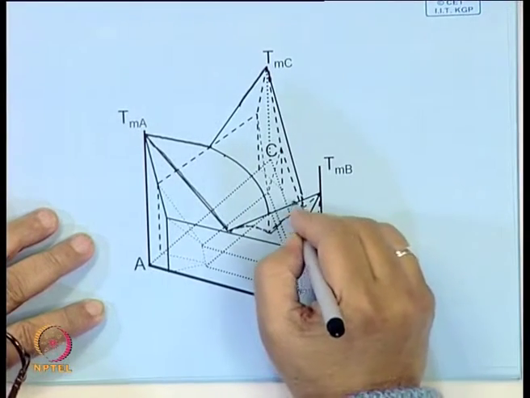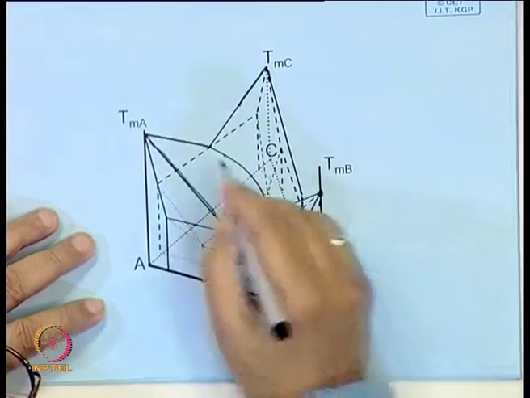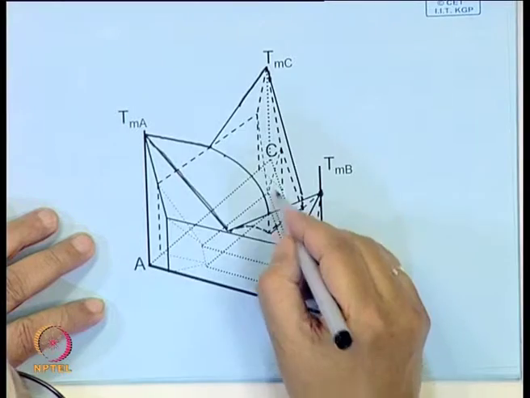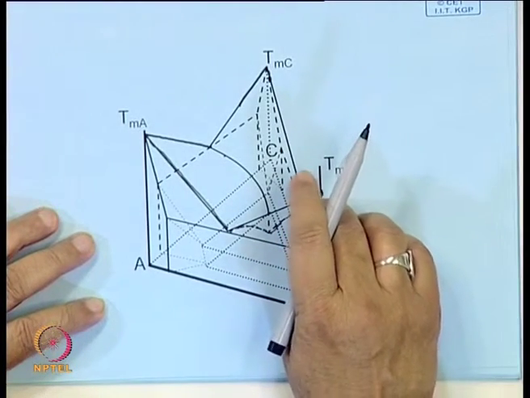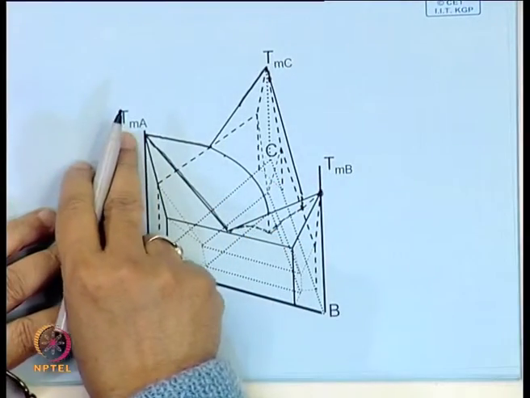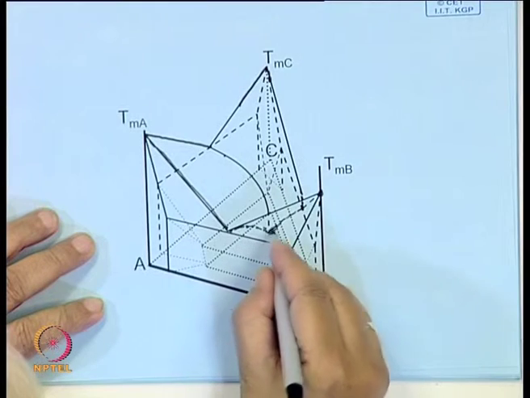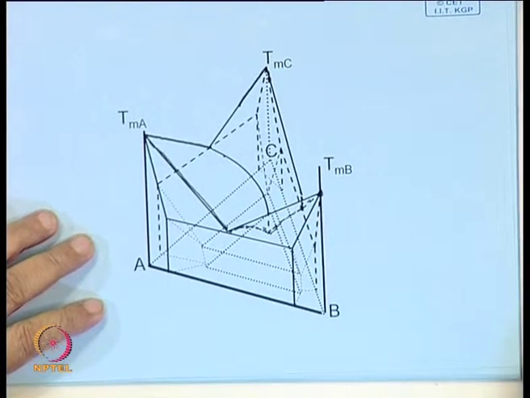A third surface will be from the melting point of B, and two of these will meet along a curve like this. Similarly, one surface coming down from the melting point of B and one coming down from the point TMA will meet along this. So there will be 3 curves along which these surfaces will meet.